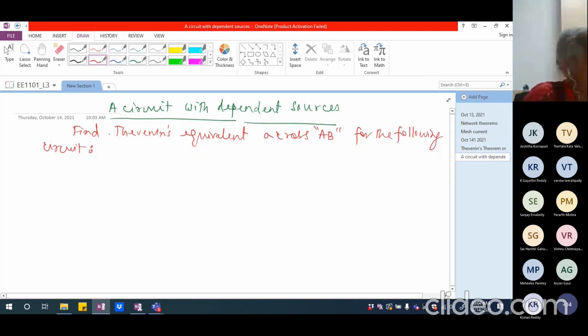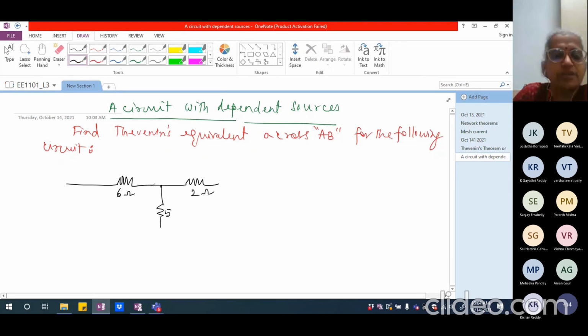Okay, so let me draw this circuit. The circuit is somewhat like this. I am going to have one 6 ohm resistance, then a 2 ohm resistance, which is in series with this, and there is a 5 ohm resistance, which is coming up here. And there is a current source, which I should draw as a dependent current source.